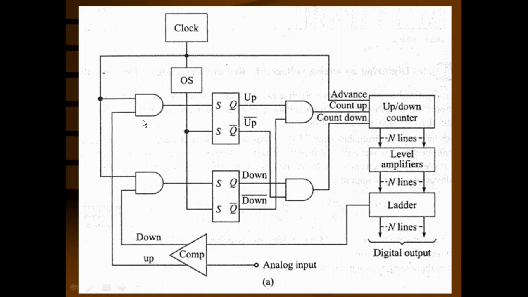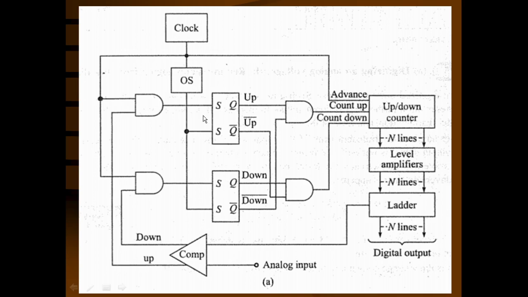That means the gate before the up flip-flop is going to be enabled and the clock pulse can pass through the gate and set this flip-flop. You can see that. And because the down output is low, this gate is disabled, so the clock pulse will not pass through this one. So S remains 0 only.